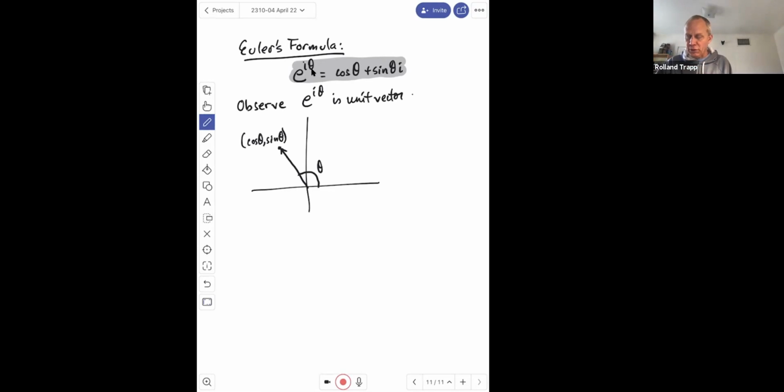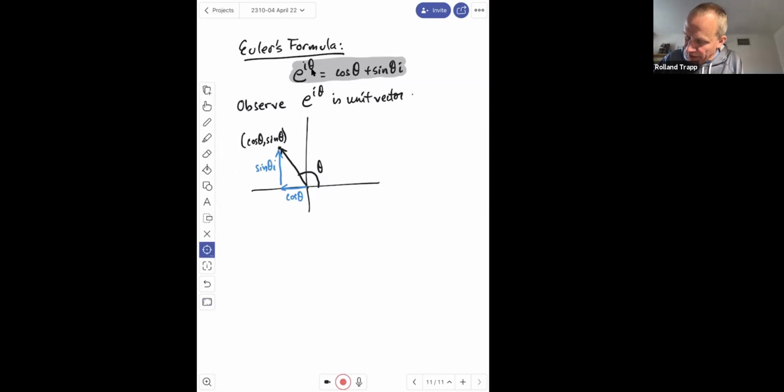That's just from the unit circle. So this really is cosine theta plus i sine theta.